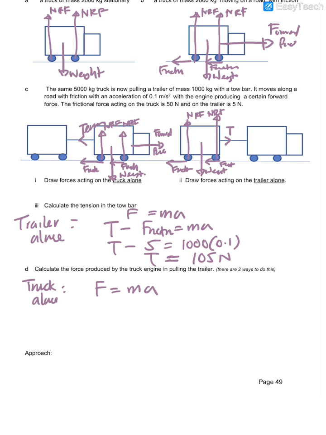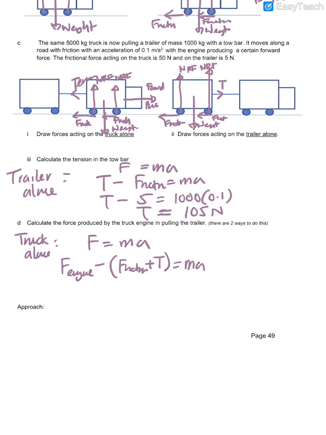What's the force of motion? Unknown, which is the force engine, minus the friction, which is 50, and the tension. You should write like that. You don't skip too many steps.